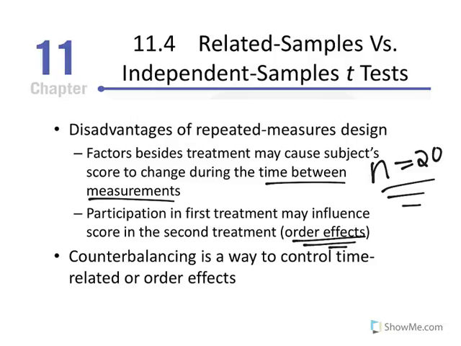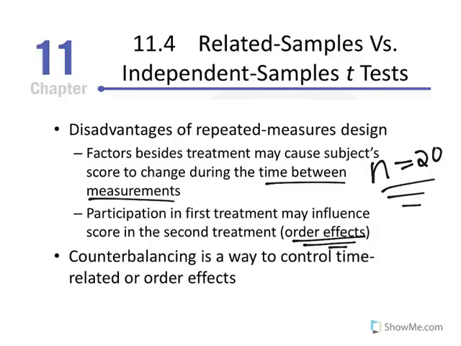And so in the end, we may see that condition 2, in this case, the relaxation techniques, may produce superior golf scores, but we cannot tease out whether it was strictly due to the relaxation techniques or if those participants combined the two techniques.